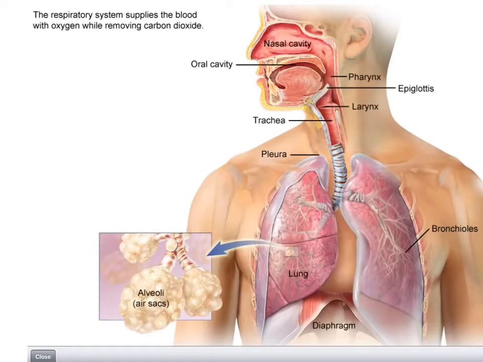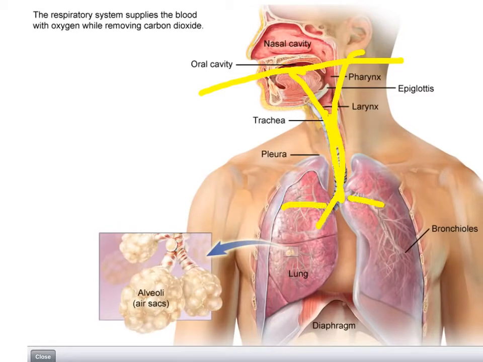The respiratory system is the first of the three big body systems that we'll talk about that support this delivery of oxygen so that cells can make energy and do what cells are supposed to do. The respiratory system can be thought of as an upside-down tree, where we have the root and trunk of the tree, the main trunk, and then it branches into large limbs and then smaller and smaller and smaller.